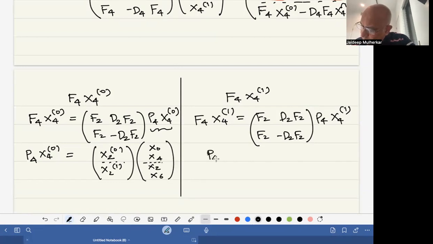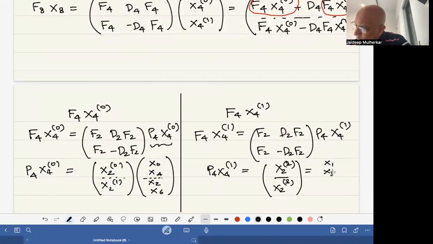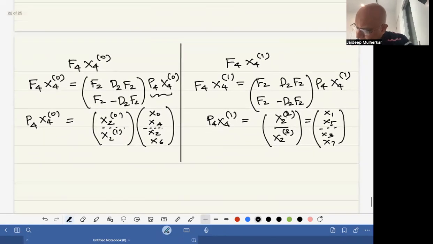And P4 x4 of 1 is equal to, let me call that, x2 of 2 and x2 of 3, where x2 of 2 is x1 and then x5, and this will be x3, x7.